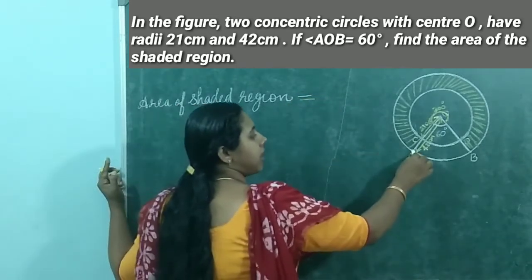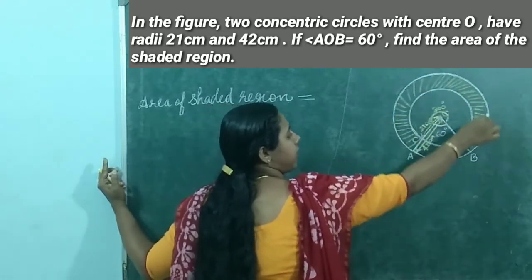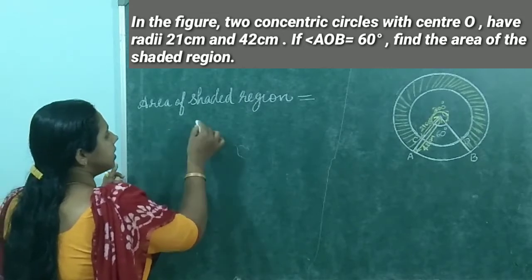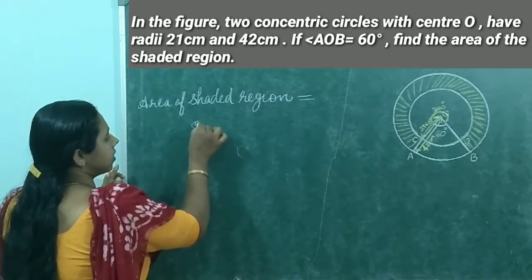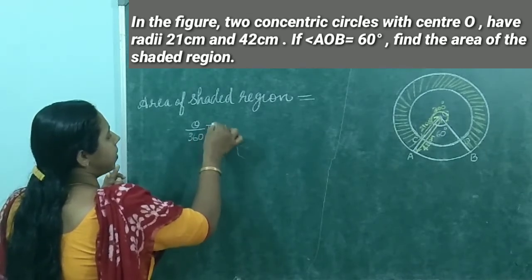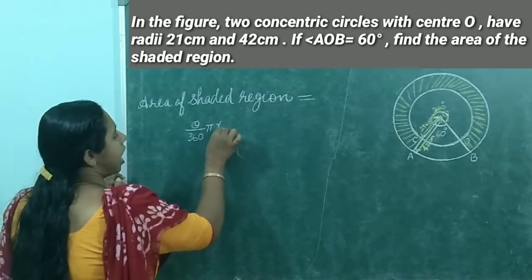the area of the major sector of the big circle, that is equal to theta by 360 into pi r1 squared.